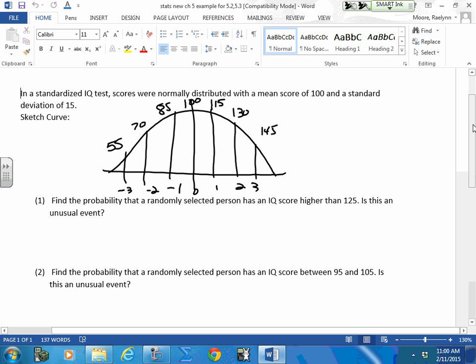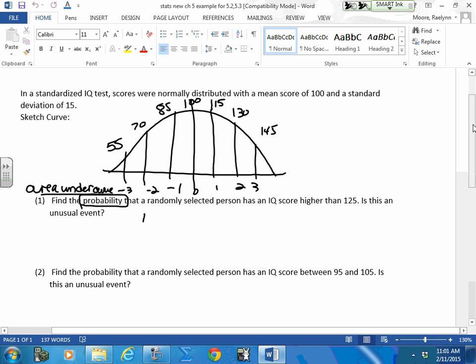Now the first part says, find the probability. Probability means what? What are we looking for? Area under the curve. Okay, probability says we're looking for area under the curve.